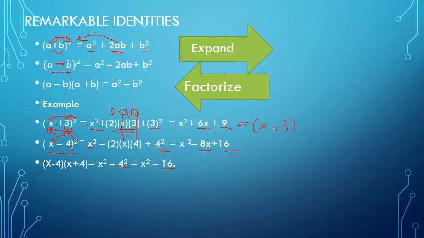This is factorized. So here, if I want to factorize this one, I get this answer. If I want to expand this one, I get this answer. So if I go from left to right, it is expand. If I go from right to left, it is factorize.